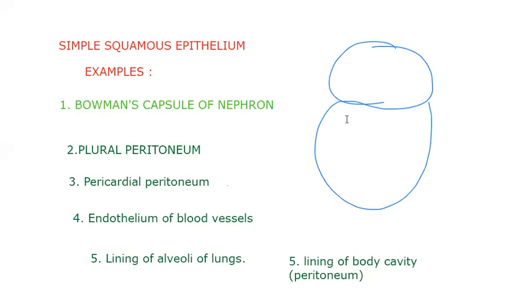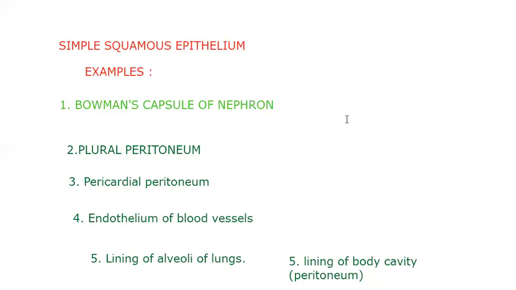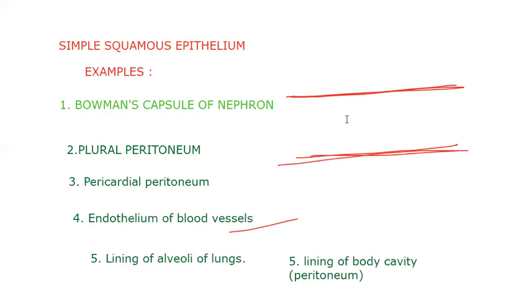Next, pericardial parietal peritoneum, pericardial visceral peritoneum. That means we are talking about the lining of the heart. Okay. Next, endothelium of blood vessel. In blood vessels, we'll find three layers: tunica externa, tunica media, and tunica interna.